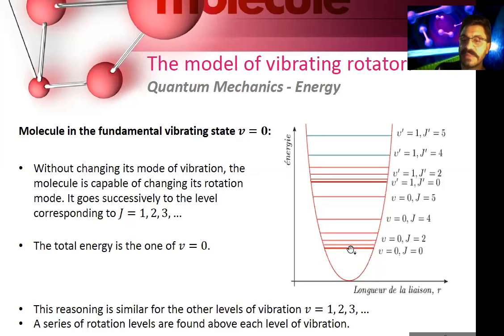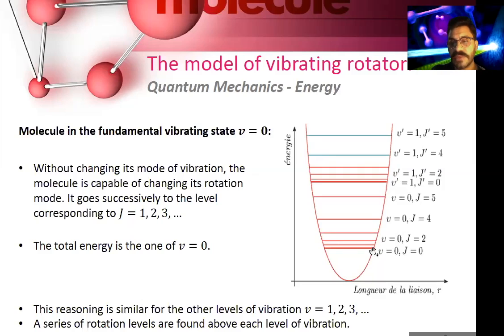You notice here I'm drawing the levels. I'm not sure if that's very clear on your side, but this level and this level are a little bit bold in red. These two, if you notice with the numbers, correspond to V equals 0 and V prime equals 1. So V prime, just to say it's a different level. It's not a derivative.